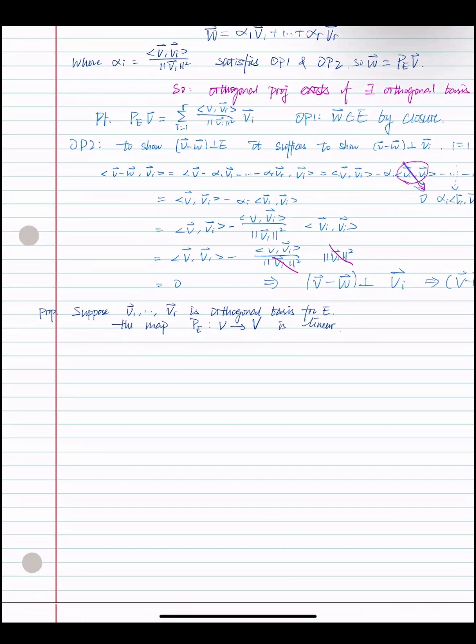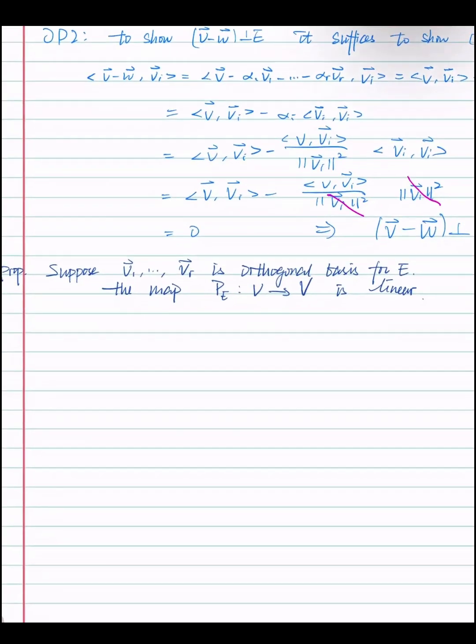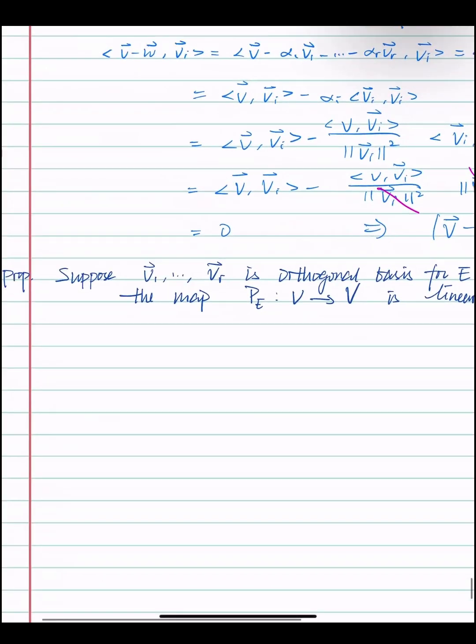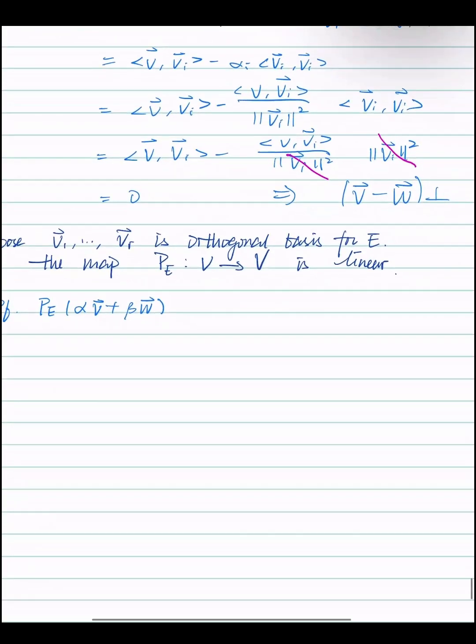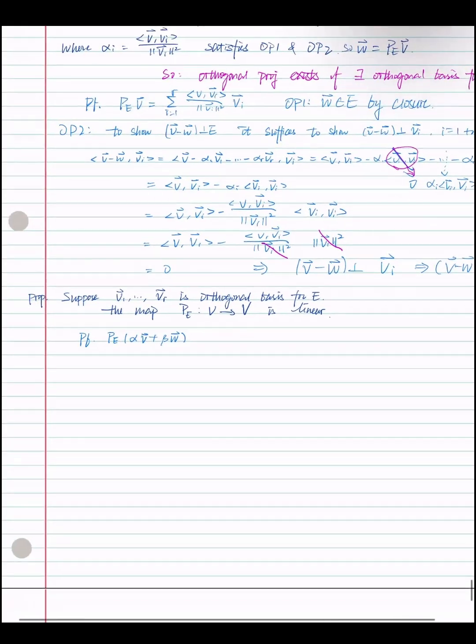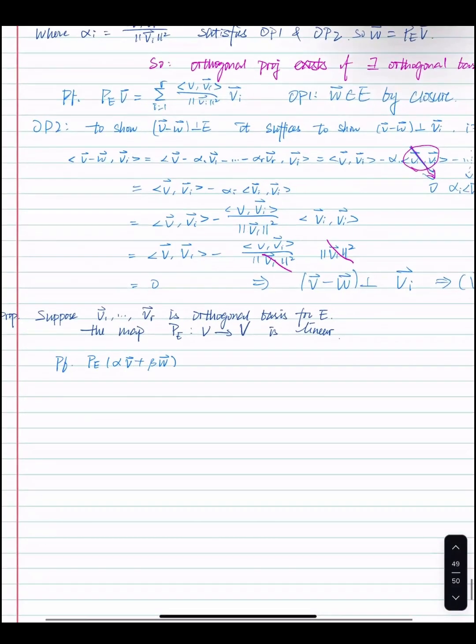When you say a map is linear, I mean a map is just a function, right? Yes, or the transformation. Oh, okay. So for linearity, we basically prove the alpha beta thing. So the projection onto E of alpha v plus beta w, where v and w are in V. We can use the definition from the proposition on the top.